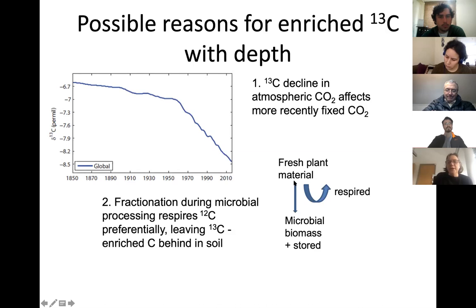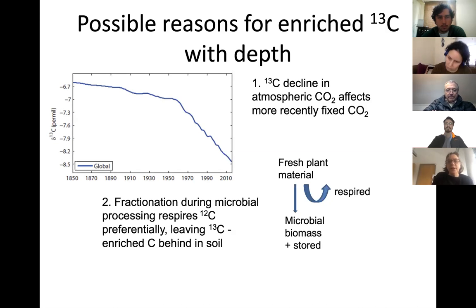Then the question becomes, if I decomposed 100%, the fractionation wouldn't matter because everything that was fresh plant would be back in the atmosphere. So you have to store a large enough fraction to really see a big effect in the organic matter.